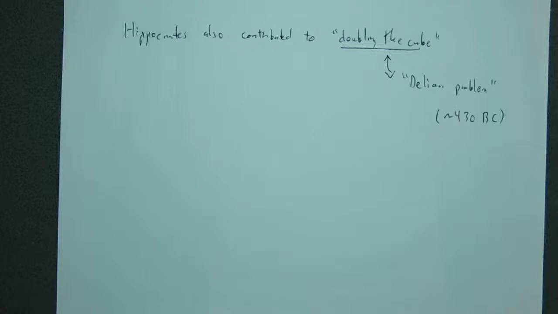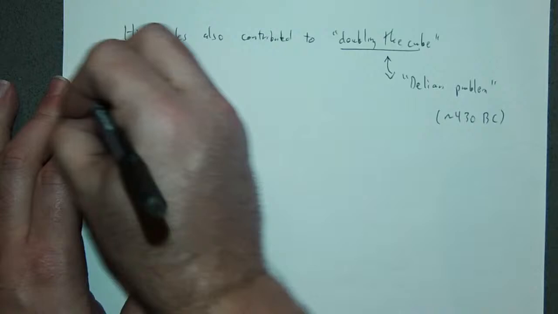So the Athenians were not able to do this, but apparently the plague went away on its own anyway. So I guess it worked out all right. But that's the reason why it's called the Delian problem, because this was supposedly how it was framed, or how it came about.